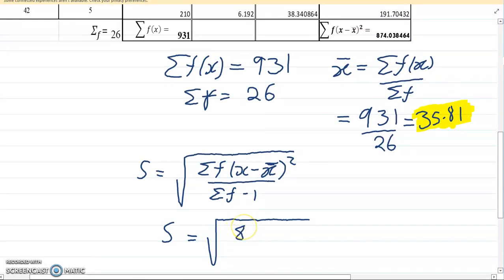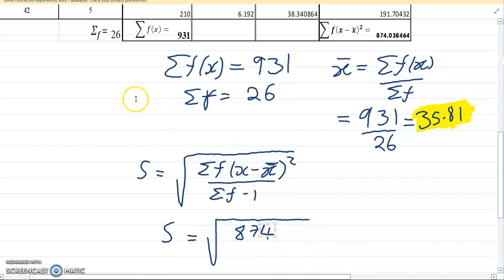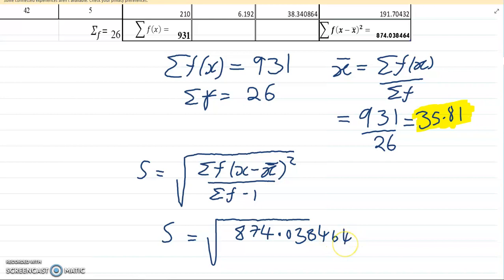That is 874.038038464. Divided by the sum of f. The sum of f is this number right here.